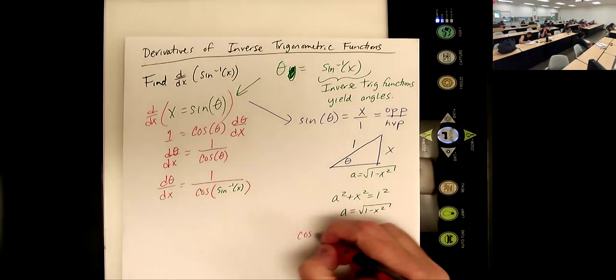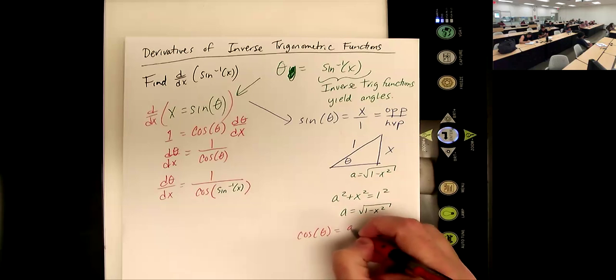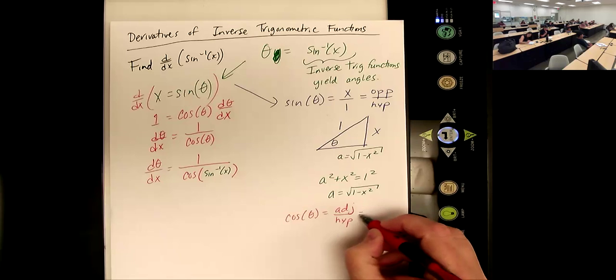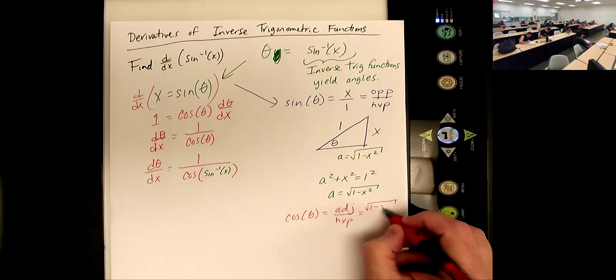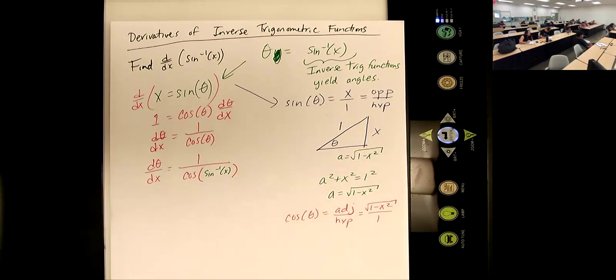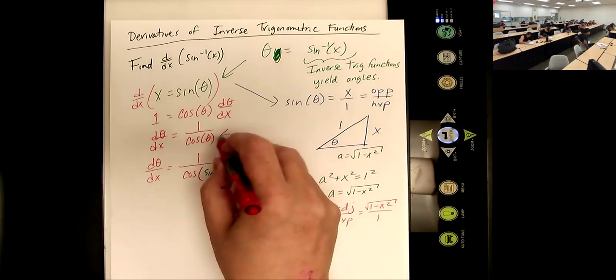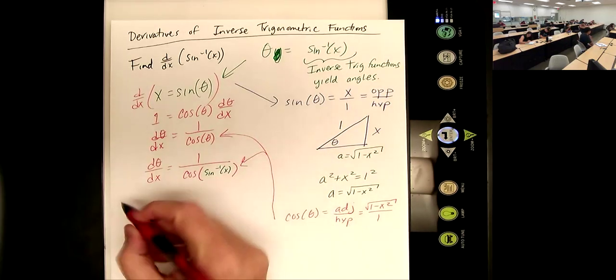Cosine theta is adjacent over hypotenuse, right? Square root of 1 minus x squared over 1. So it's just the top, just square root of 1 minus x squared. That's cosine theta, that's what we're sticking in there.